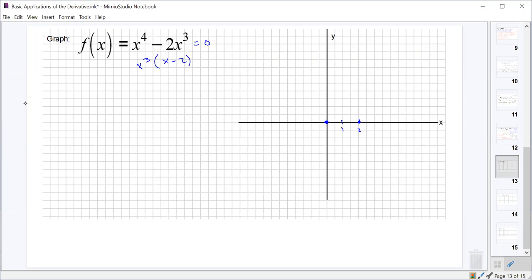Yeah. Absolutely. All right, what about the derivative then? 4x cubed minus 6x squared. Factor out 2x squared, which will leave me with a 2x minus a 3 there. And that tells me that I have potential local maxima or minima at 0 and 3/2. So I'll make a sign chart.